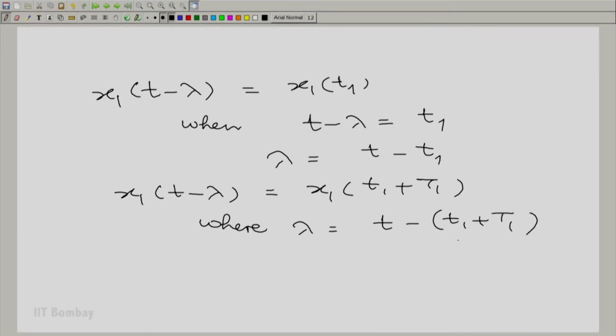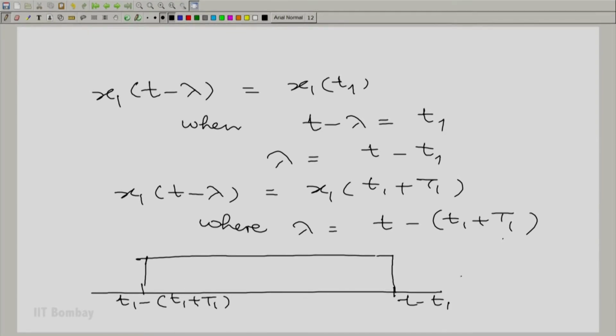And of course, t1 plus capital T1 is more than t1. So, this point will occur before. So, this is the situation that we have: t minus t1 and t minus t1 plus capital T1, and we put the pulse in between. We have agreed the pulse has a height of 1. We do not want to complicate too many things at once.